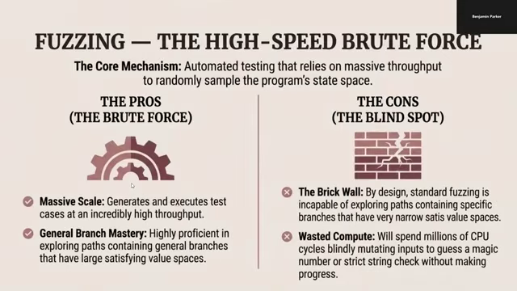Let's just look at fuzzing, the first half of the equation. If you're building a fuzzer engine, you quickly realize that it's all based around a single metric, pure throughput. Fuzzing is the high-speed brute force method. It's incredibly proficient at exploring those general branches, essentially conditions that have many inputs, like testing if a value is greater or less than zero.